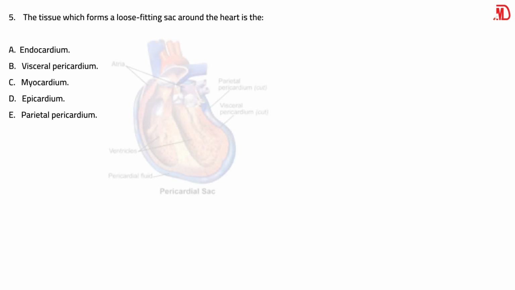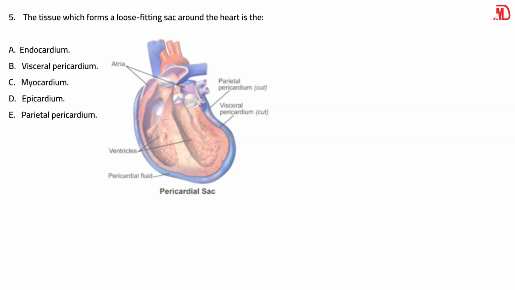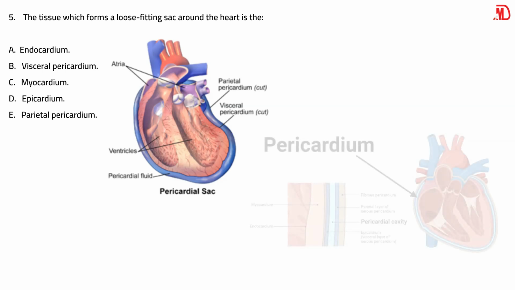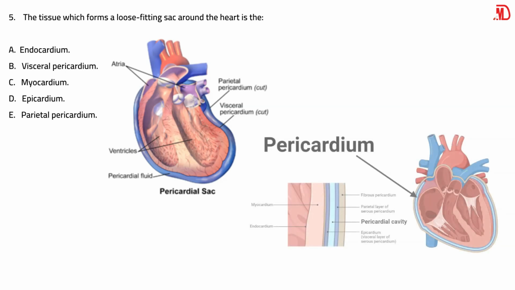The key phrase here is a loose fitting sac, which simply refers to the fluid-filled sac, also known as pericardial sac or pericardial cavity, and this surrounds the heart. It is composed of a strong fibrous connective tissue known as the parietal pericardium.